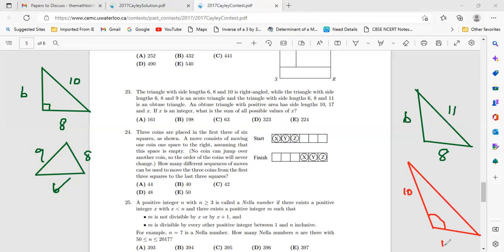We're not sure which one is 10, 17, x. I'm just randomly substituting 10, 17, and x. So now you need to find the value of x, and after finding the value of x, you need to sum all the possible values of x.